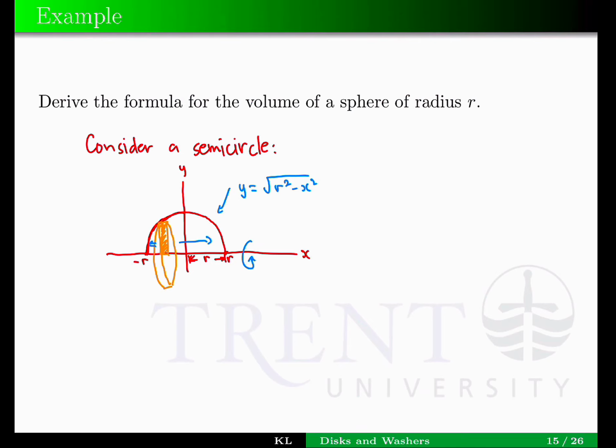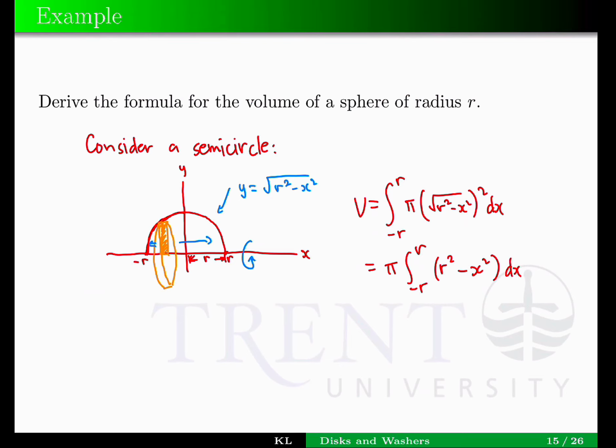which means that the volume will be equal to the integral from negative r to positive r of pi times the function squared. Square root of r squared minus x squared, squared, dx. Or simply, this will be pi integral from negative r to positive r of r squared minus x squared dx.